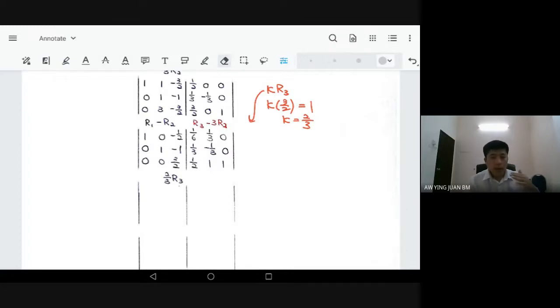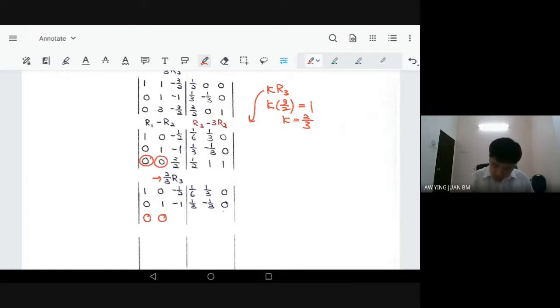Next, kindly copy the situation for row number 1 and number 2 because in this part, row 3 won't change. So next, focus on this part. Multiply. Then we'll obtain 0. Again, 0. Then 3 over 2 multiply with 2 over 3, we will have 1.